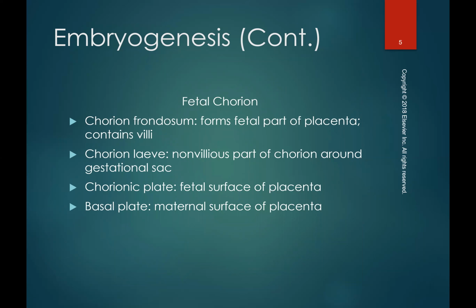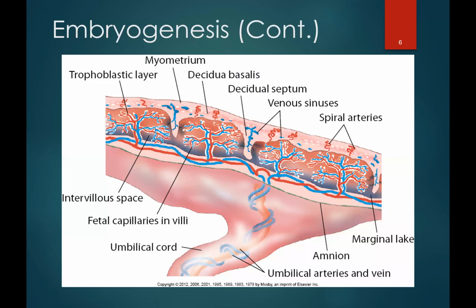And I want you to know that for your test. The chorionic plate is the fetal surface of the placenta, and the basal plate is the maternal surface of the placenta. So both of those things are important to know. So the placenta, one part is facing the baby, and the other part is facing the uterus, basically. So there's two plates that help to make up the placenta.